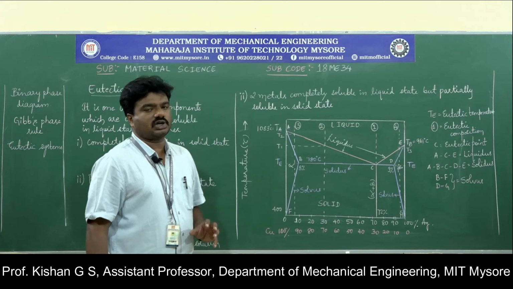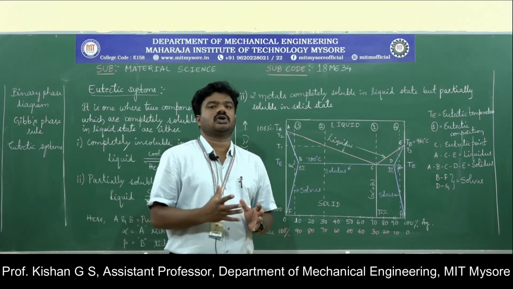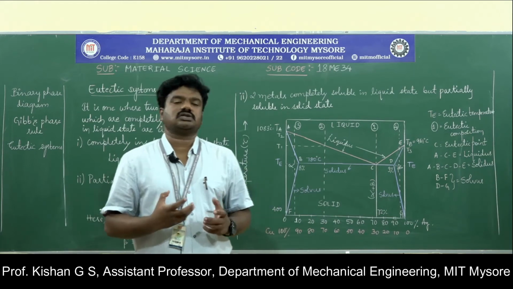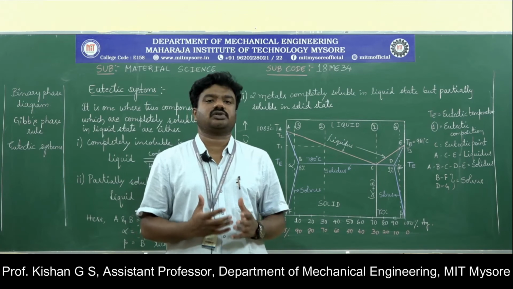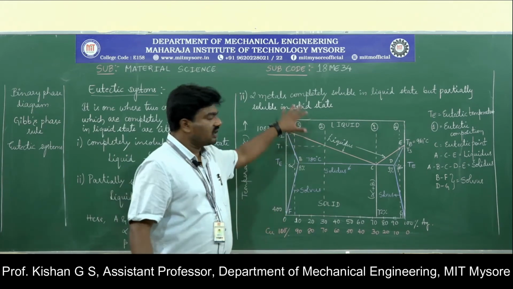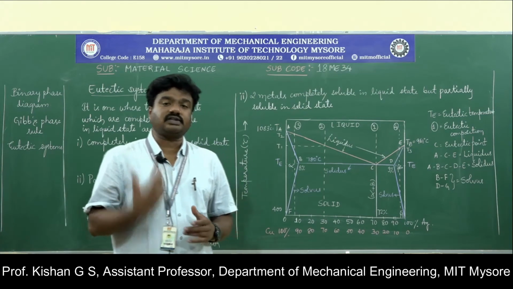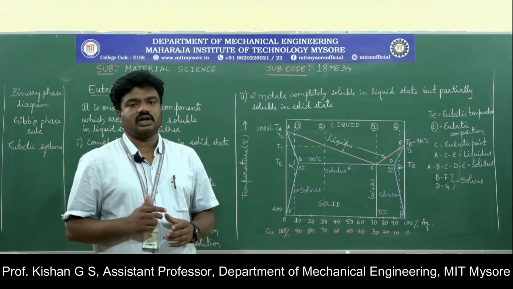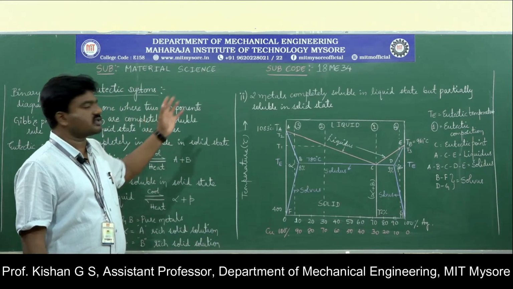In this mixture we have to analyze such that there is partial solubility. See, all the metals will not satisfy this particular condition. There will be a particular combination of materials that comes under the second case, completely soluble in liquid state, partially soluble in solid state, whereas in a few cases it satisfies the first condition of the eutectic system.